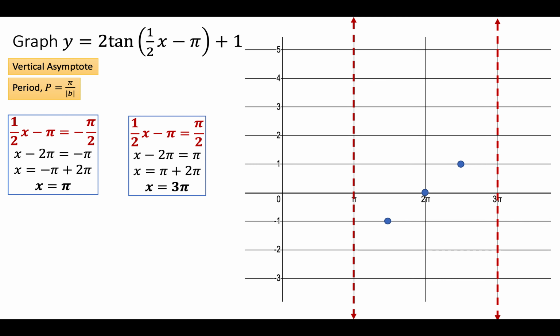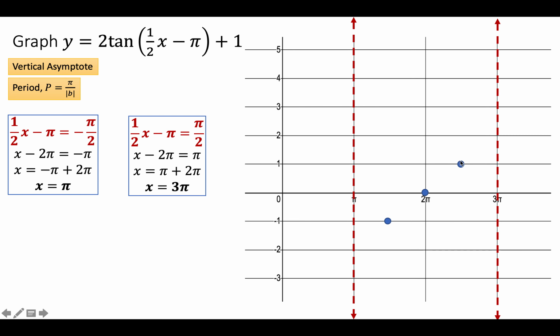Now, we're not yet done, because by looking at the function, we still have 2 here and we still have 1, which indicates that it will affect the y values in our graph. The y values are 1, 0, and negative 1. So we just need to multiply everything by 2 and add 1 to get the new points.